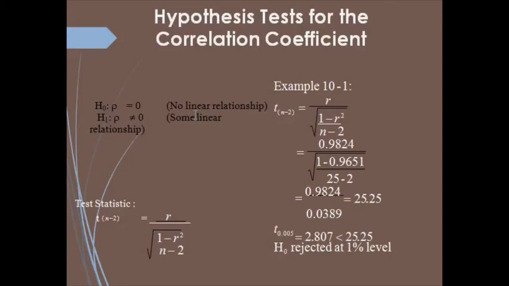It consists of a null hypothesis and an alternative hypothesis, where the null hypothesis is rho equal to 0 and the alternative hypothesis is rho not equal to 0. This is the formula of the test statistic for the correlation coefficient, and this is the example calculation. The conclusion is we rejected the H0 at the 1% level.